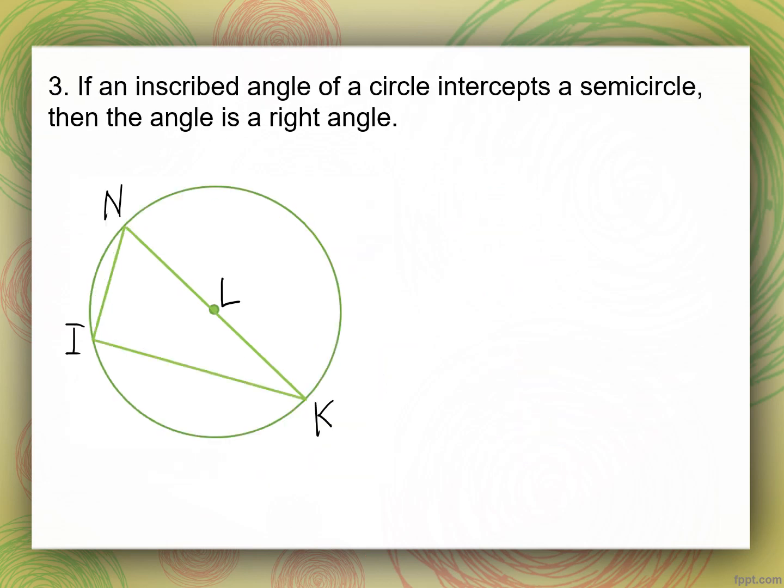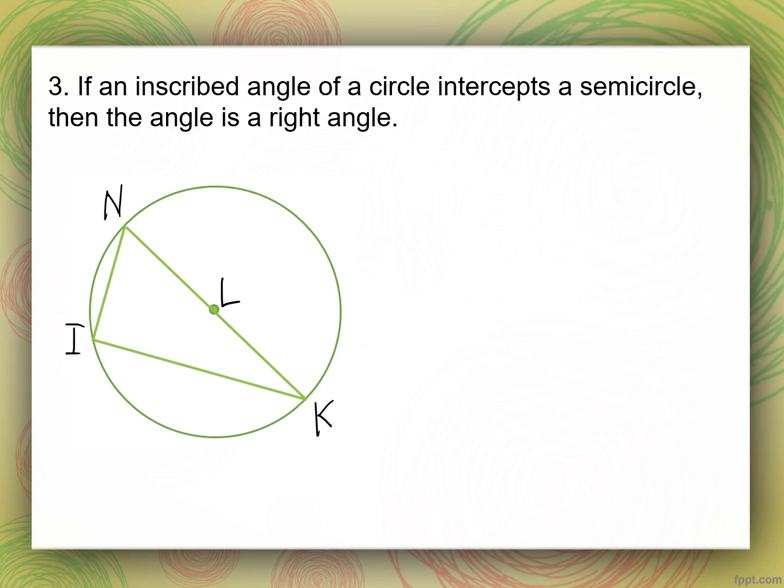Now the third one. If an inscribed angle of a circle intercepts a semicircle, then the angle is a right angle. As you can see here, we have circle L and angle NIK is an inscribed angle.